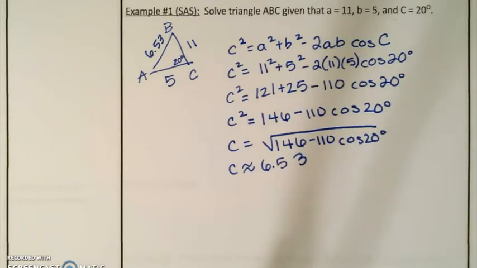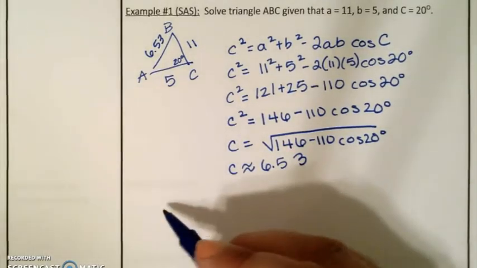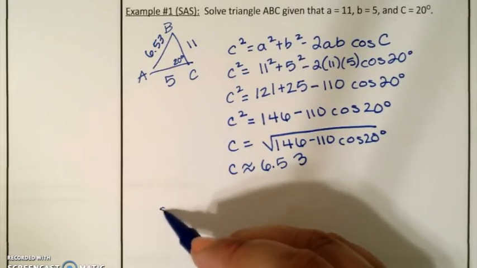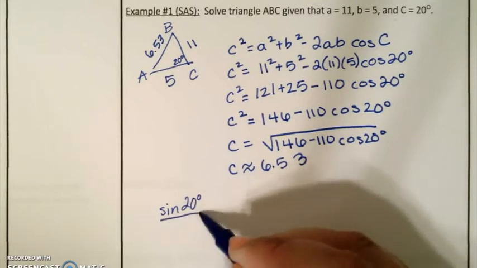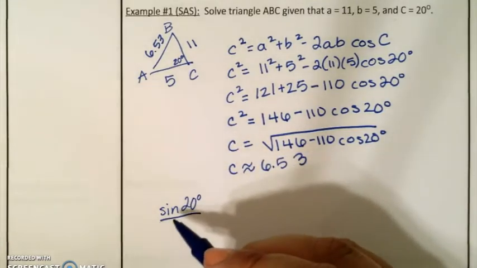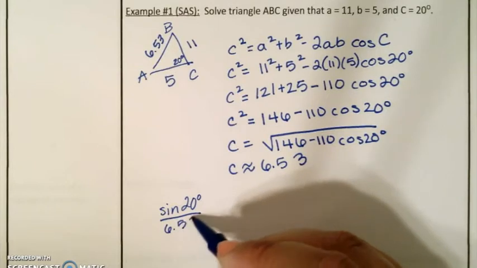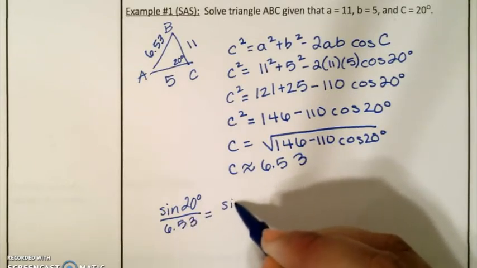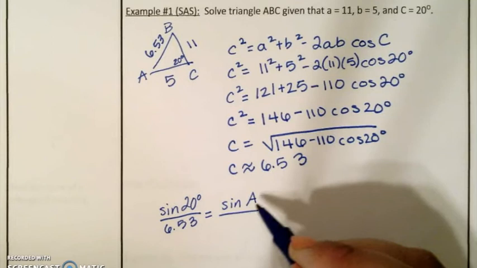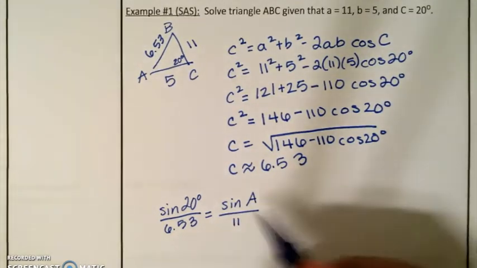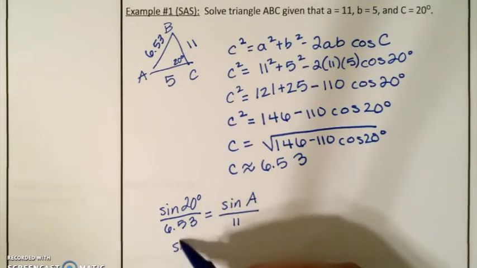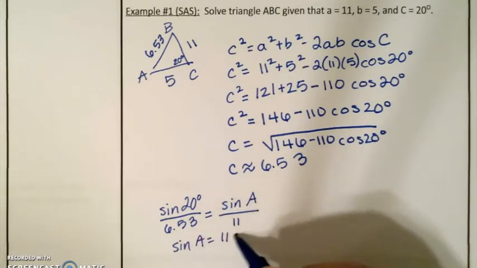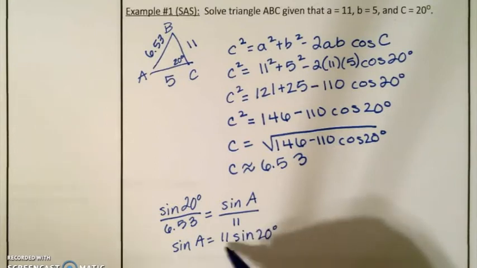Either way, I'm going to use the law of sines, and I'll say that sine of angle C, so sine of 20 degrees, divided by the measure of side c, 6.53, equals sine of angle A divided by 11. Solving for A, multiply 11 to both sides. We'll find that sine of A equals 11 times sine of 20 degrees divided by 6.53.